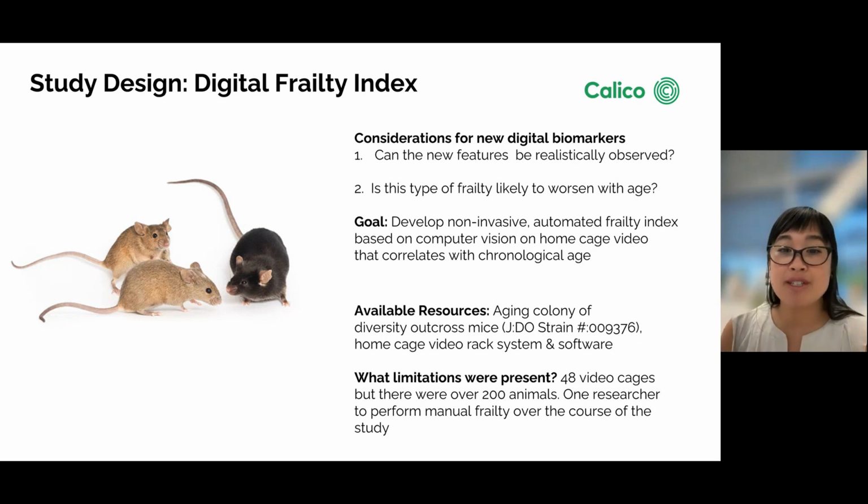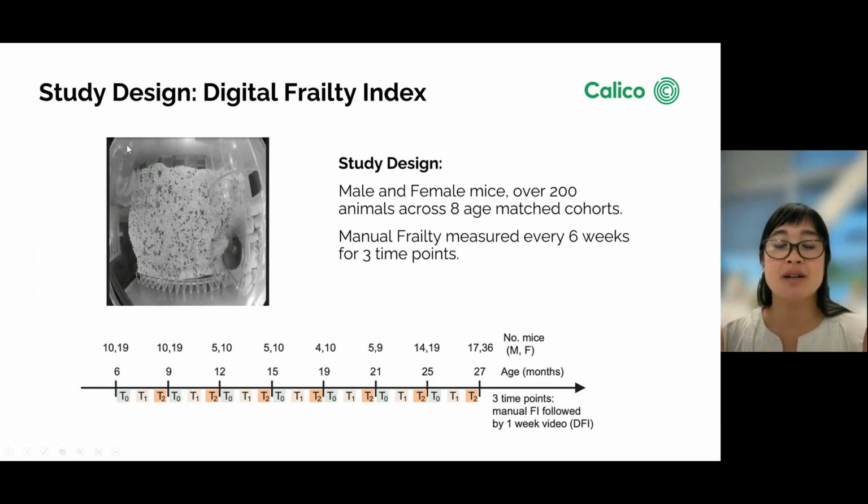We only had one researcher, and we're intentional in using one researcher to perform those frailty indices. And then lastly, we only had about 9 to 10 months to both collect and analyze that data. And that's because this was a pilot study and proof of concept that was part of our annual goal cycle. And we really wanted to push to show that we could develop this digital biomarker and use it for future studies here at Calico.